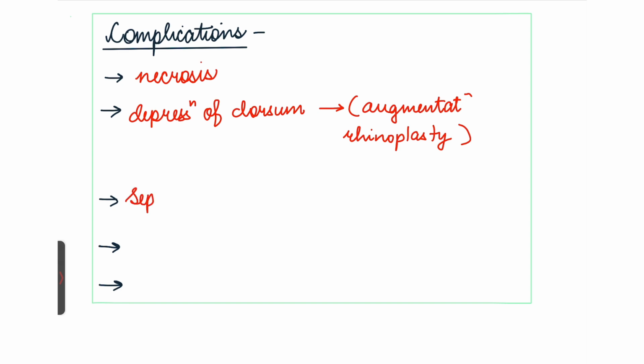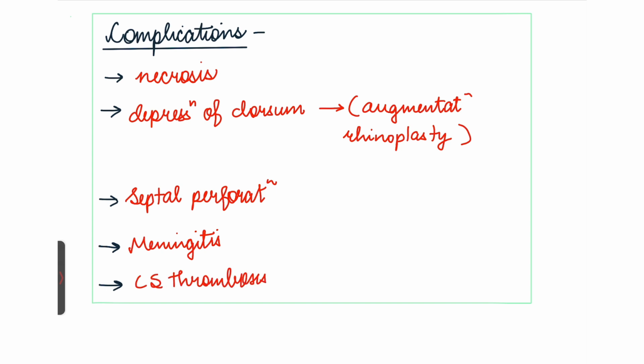Then septal perforation can occur. Meningitis and cavernous sinus thrombosis. These are the complications of septal abscess.